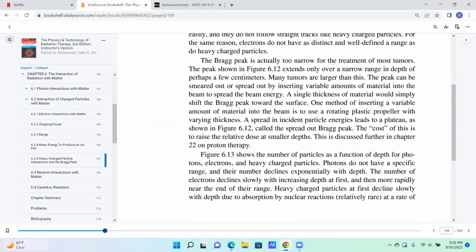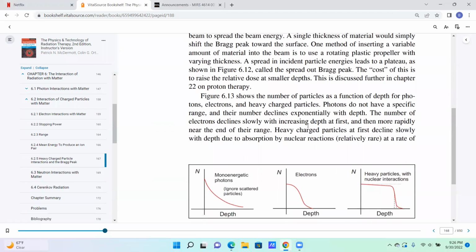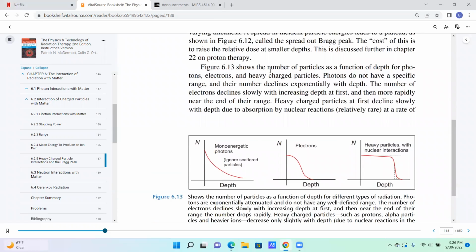And you can see here that it mentions spreading out the energies a little bit. The cost of this is to raise the relative dose at smaller depths, and is discussed a little bit further. So this figure here shows the number of particles as a function of depth for photons, electrons, and heavy charged particles. Photons do not have a specific range, and their number declines exponentially.